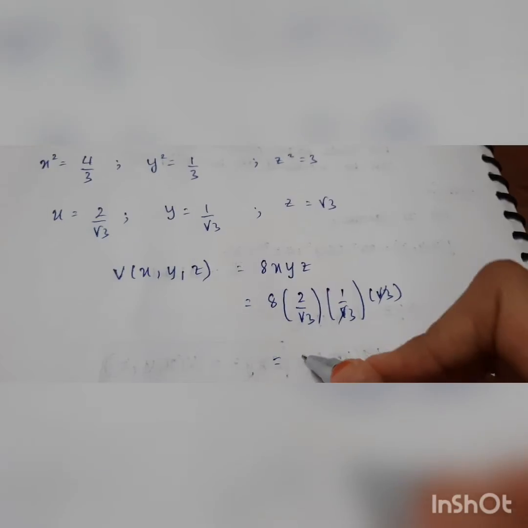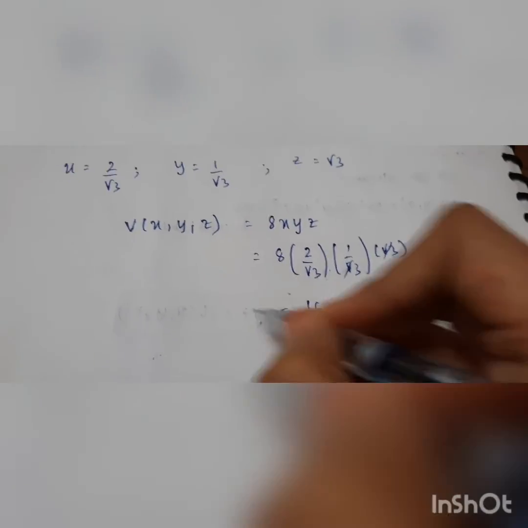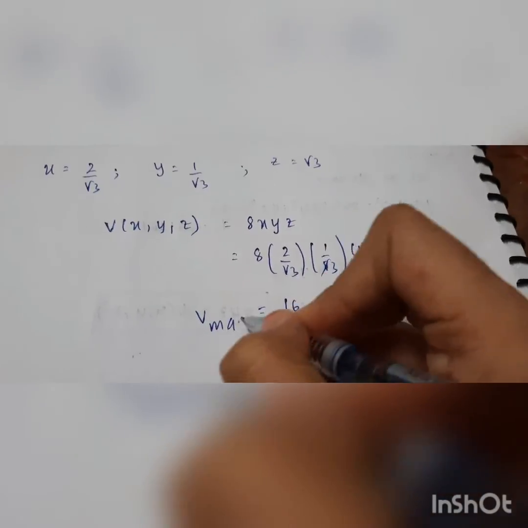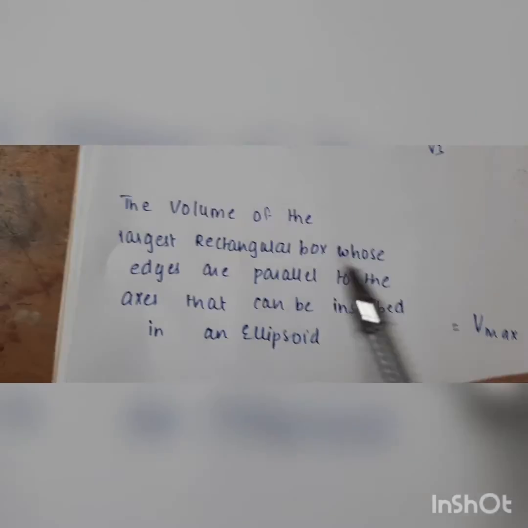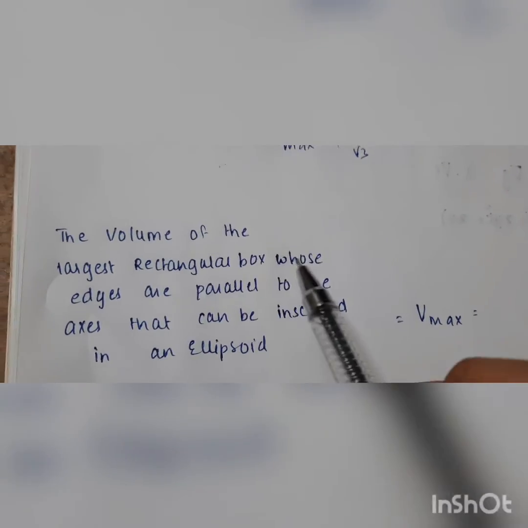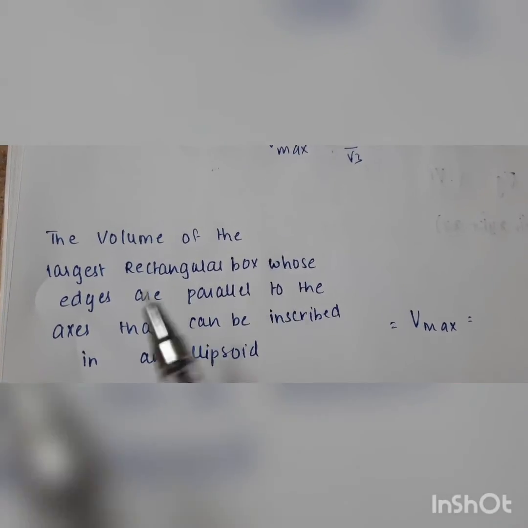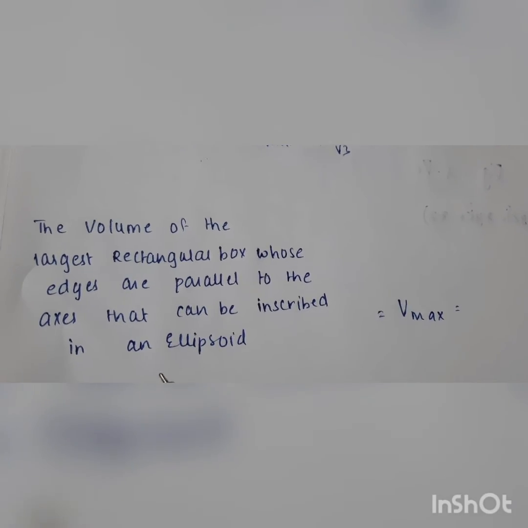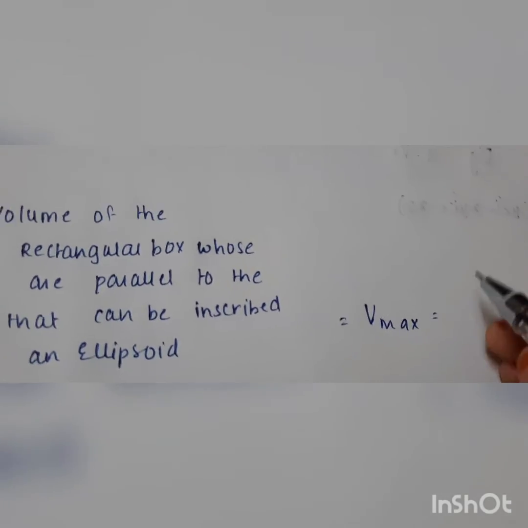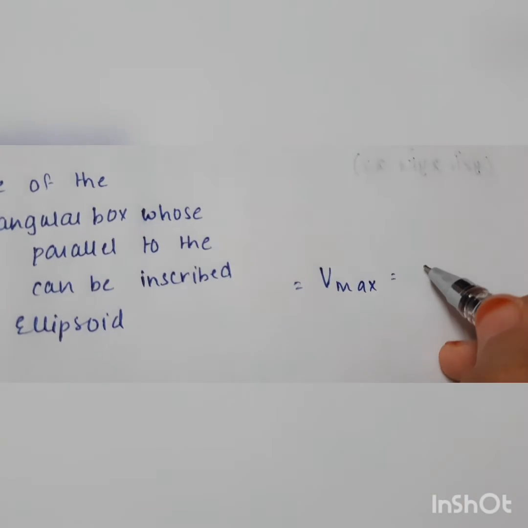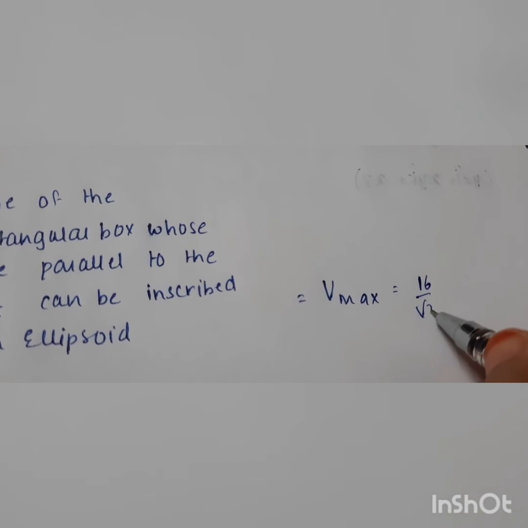So that would give us 16 by root 3 as V max. So the volume of the largest rectangular box whose edges are parallel to the axes that can be inscribed in the ellipsoid will be 16 by root 3.